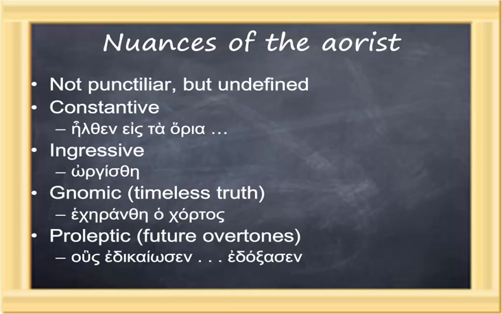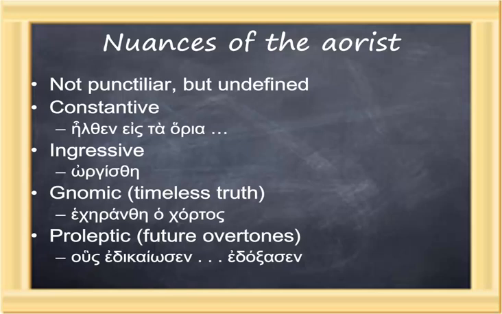And then there can also be a sense in which the aorist can convey future overtones. Whom he justified, he glorified. Well, of course, the glorification will come at the end time. It's proleptic with future overtones.